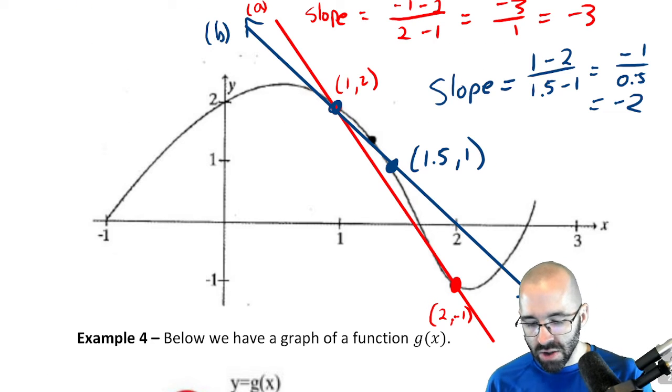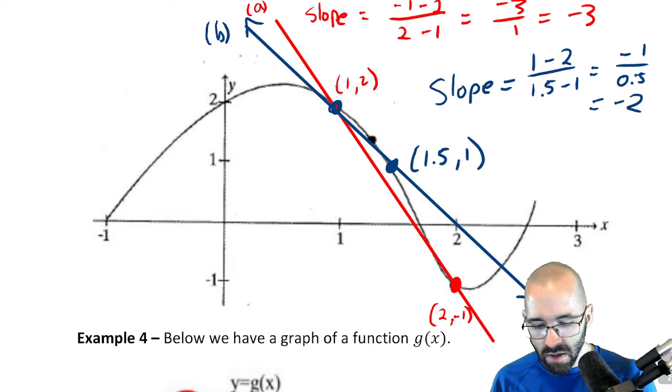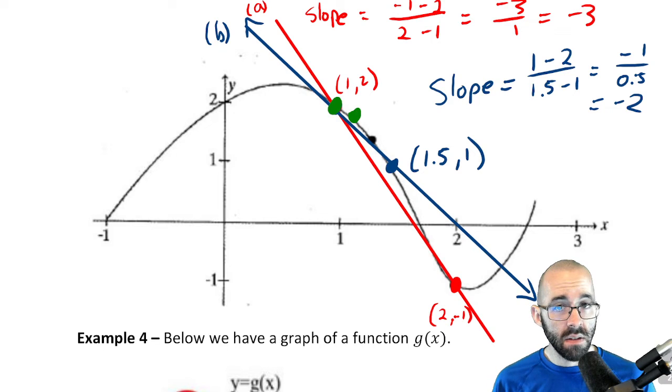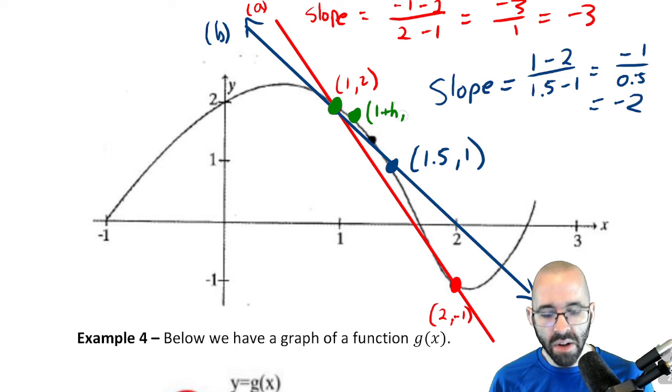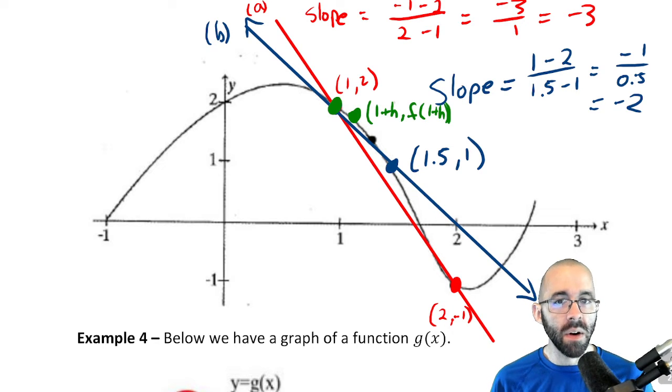So we'll draw a little picture and say we have the same starting point, but now let's say that we're only moving a little bit. So now our x here is 1 plus some small number, and the y is the function value at that 1 plus small number.